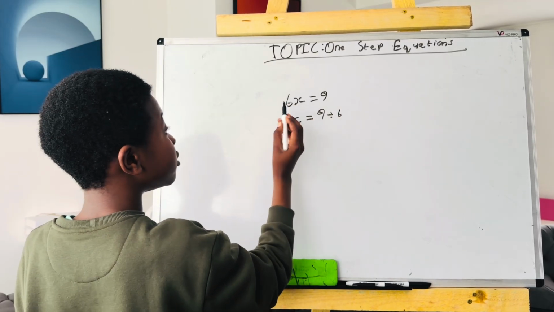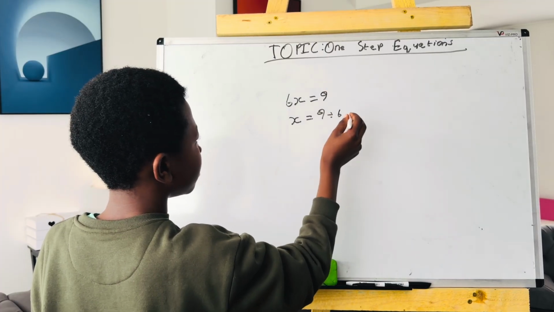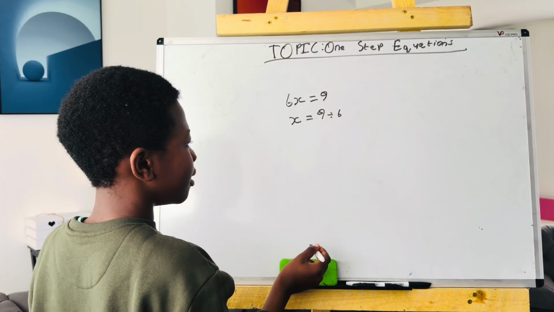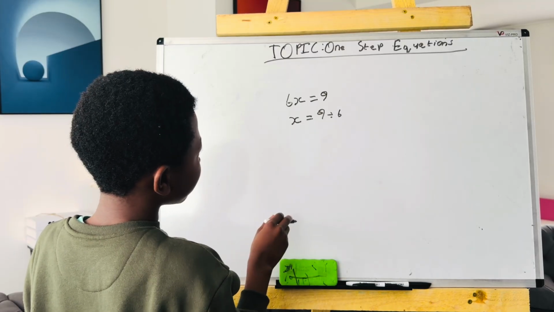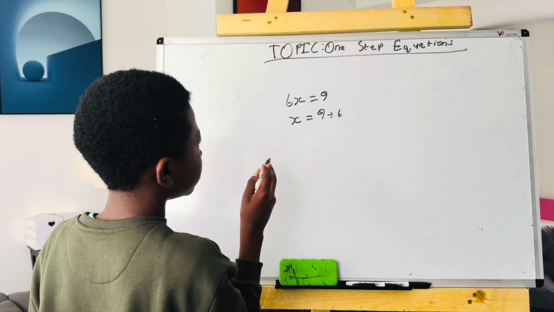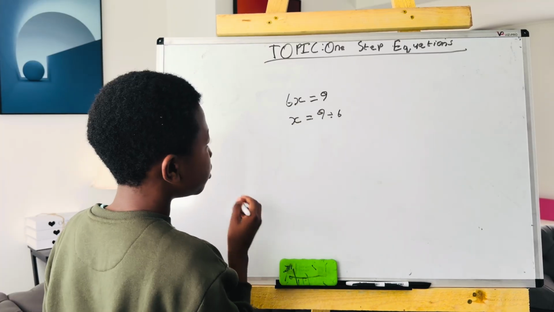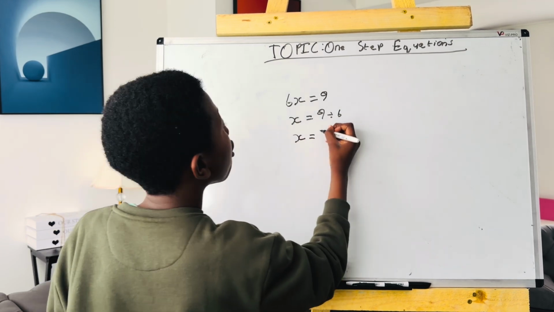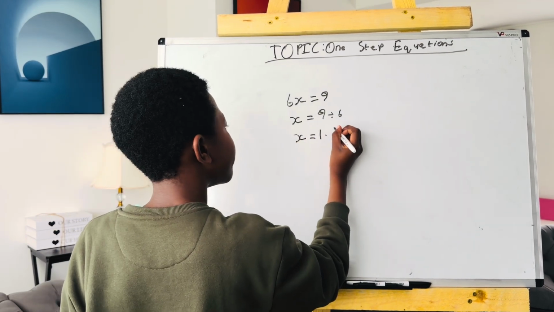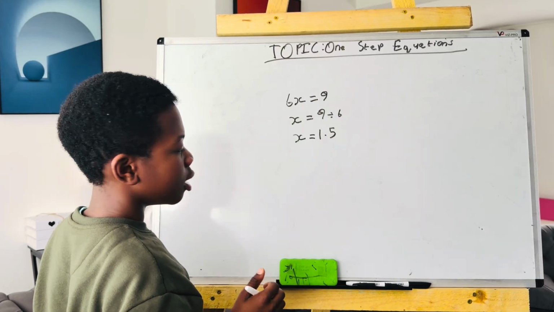We've done our one-step equation. 6 has gone to the other side. And because it's multiplication, because 6 times x will equal 6x, it turns into division. So 9 divided by 6. Some people don't know it, so they will use a calculator. But I know it. So x equals 1.5.